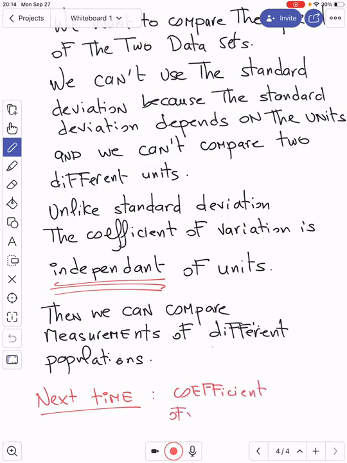All right, guys, I'm going to stop here because we don't have time to introduce the coefficient of variation and do examples. I'll do this on Wednesday.